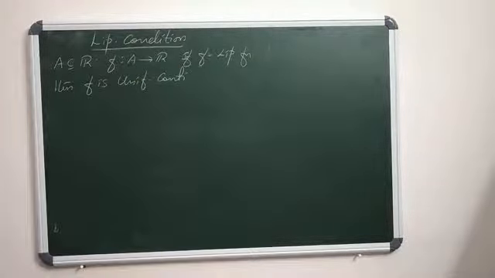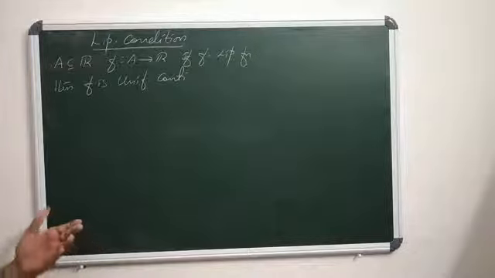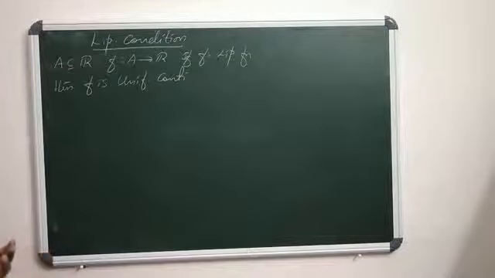If a function satisfies the Lipschitz condition, then it is uniformly continuous. What about the reverse? If a function is uniformly continuous, it may not satisfy the Lipschitz condition. That is proved later.